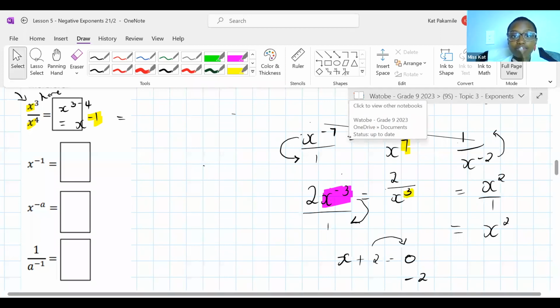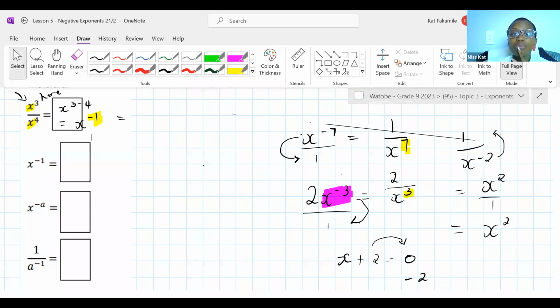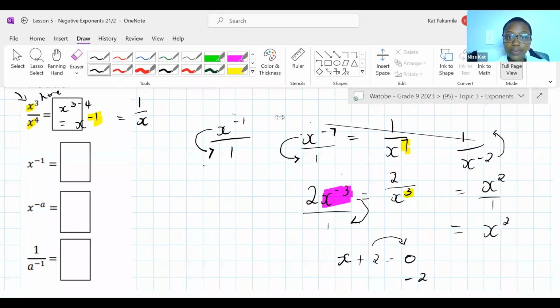We turn it into a positive, and we move it to the denominator. Remember, x to the negative 1 is the same as x to the negative 1 over 1. You see that? Yes, ma'am. So we take this to the denominator. So then it's the same as 1 over x. Do you understand? Yes, ma'am.